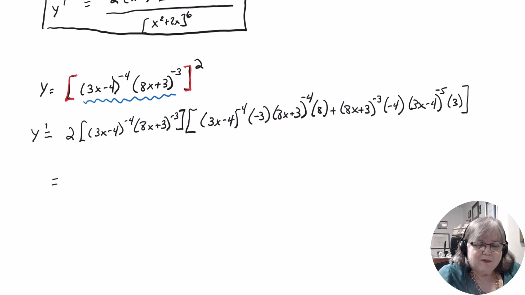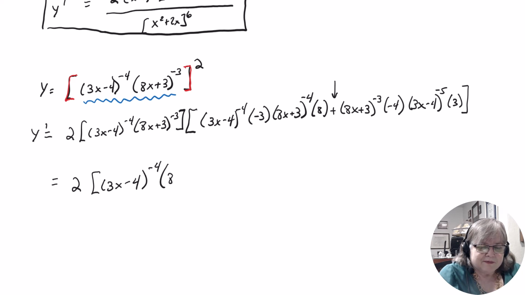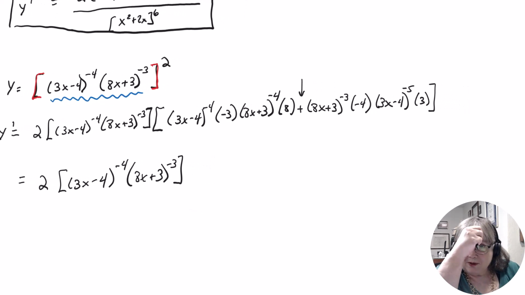So right in here is a plus sign that's going to separate those two binomials. So let's gather up what I've got. That isn't really anything I'm trying to clean up. So that's just the first part.